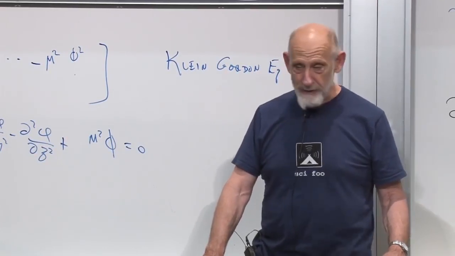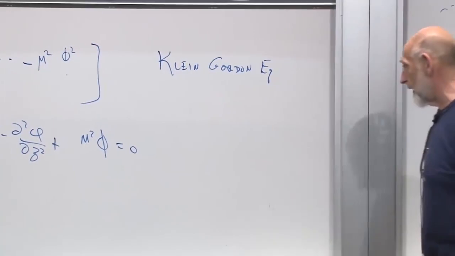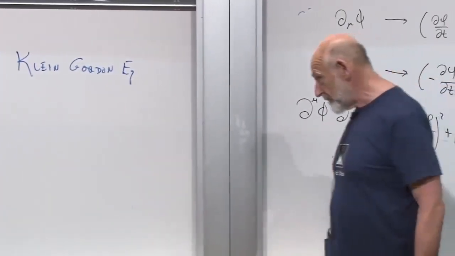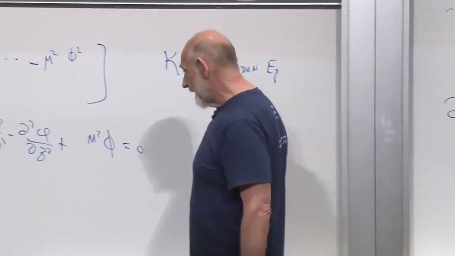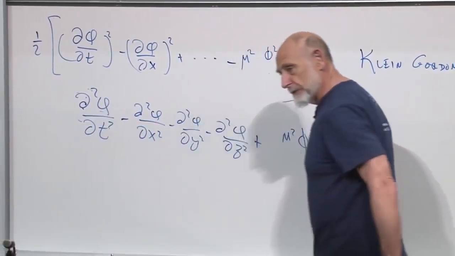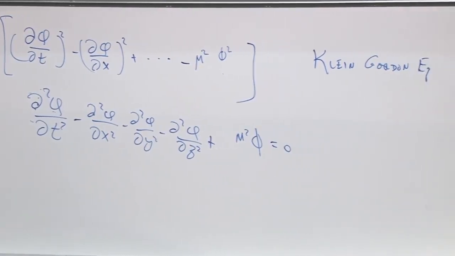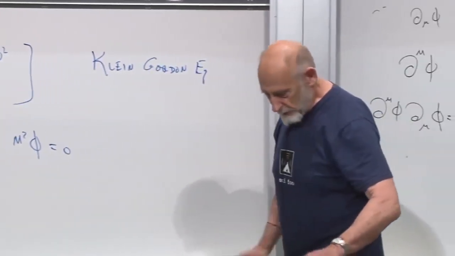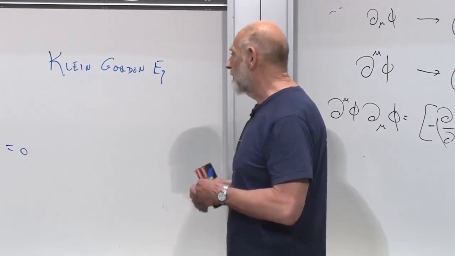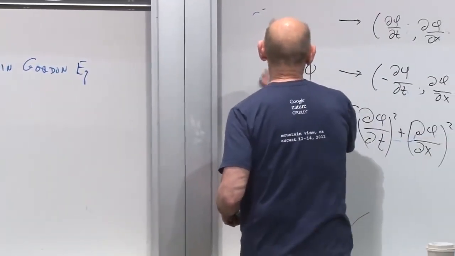Famous among physicists, but not famous outside of the physics world. Only one person here knew that it was the Klein-Gordon equation. The Schrodinger equation is somewhat similar, but it only has a first derivative with respect to time, and it has some i's in it. But this is called the Klein-Gordon equation, and its connection with quantum mechanics is not important right now. What we want to do is solve it.